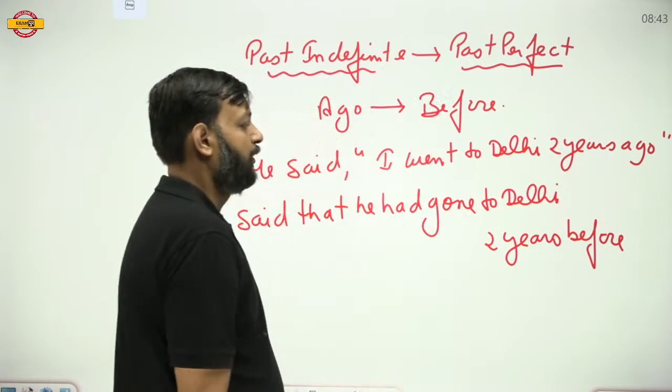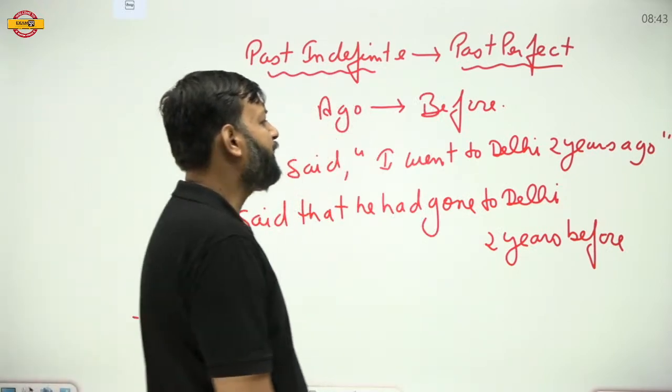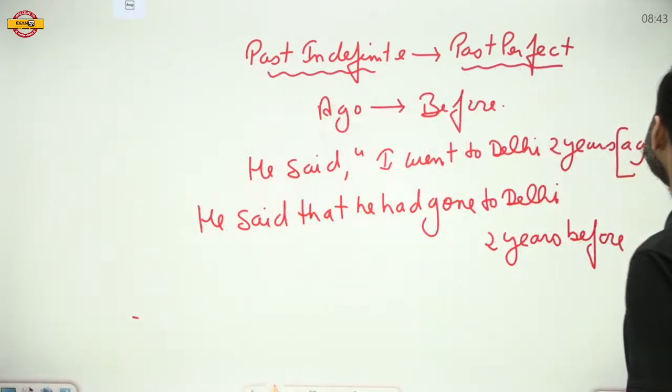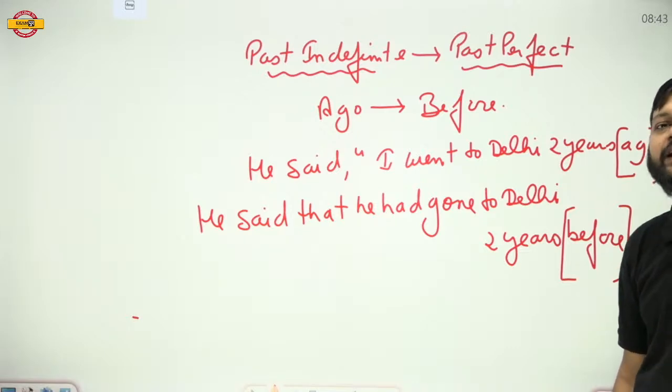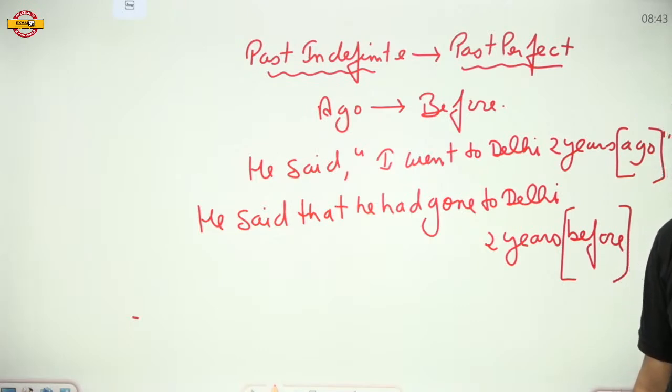Okay. So, why do we change ago into before? While changing a direct sentence into indirect, while changing a past indefinite into indirect, we need to change ago into before. And why do we need so? Because ago is used for past indefinite, but it cannot be used with past perfect.